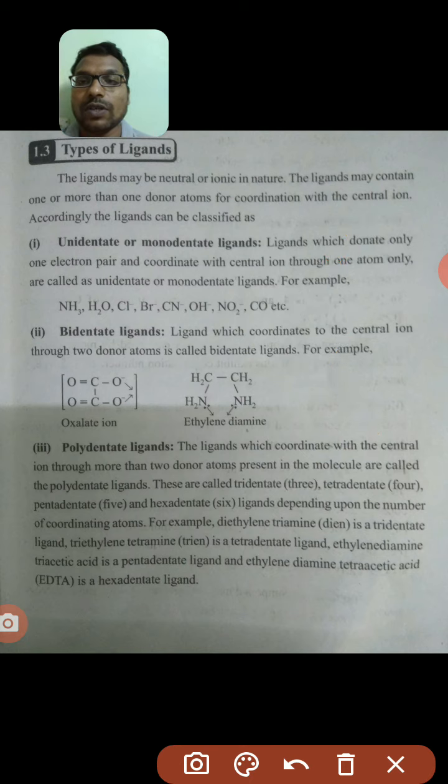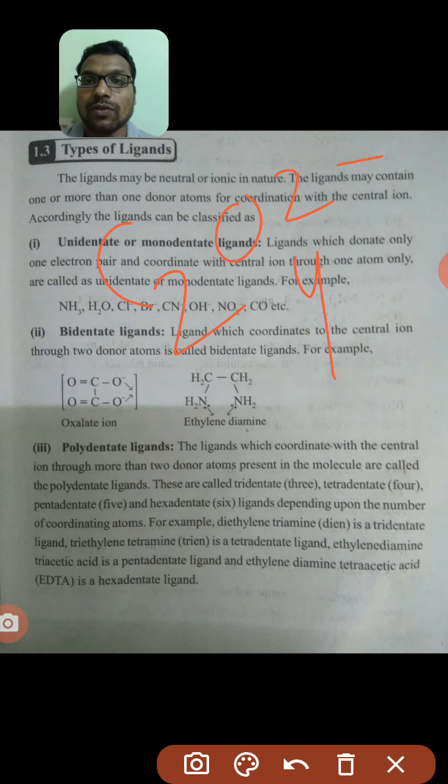Okay. So next we'll go for bidentate ligand. The name itself says it is donating two electron pairs. Donating two electron pairs, it coordinates with the central metal ion. Suppose I'm taking an example as C2O4 2 minus. This is nothing but oxalate ion.